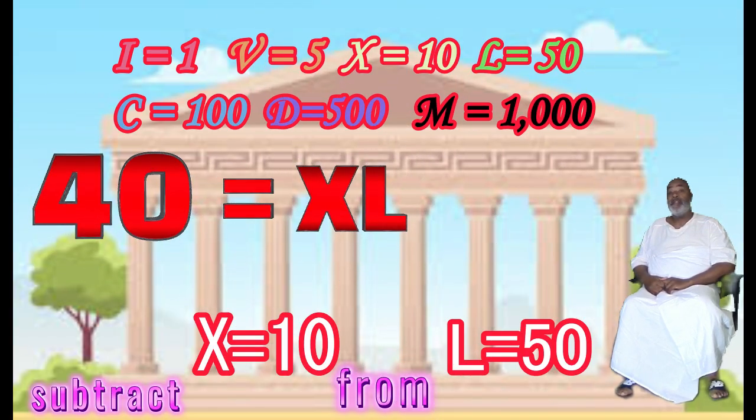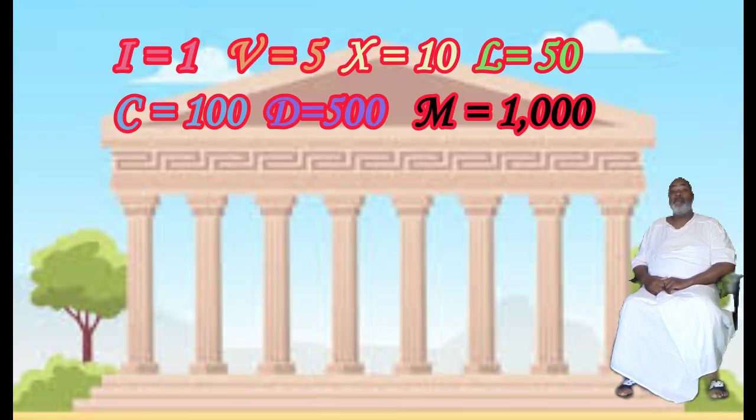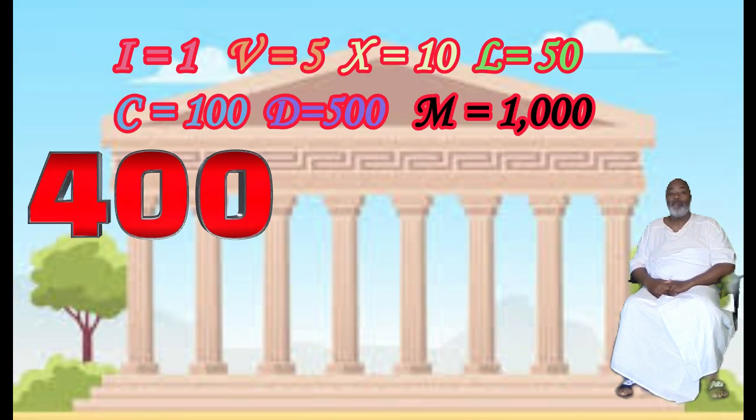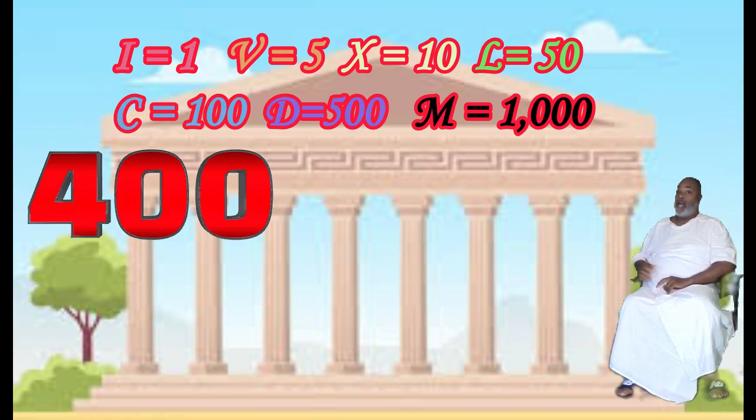Let's look at another example where we use the number 4 in a different place value. Let's look at the number 400, and this is the last one. The number 400, as you can see, the 4 is now in the hundreds place. So that means we're going to subtract 100. So what two numbers do we know that represent the hundreds?